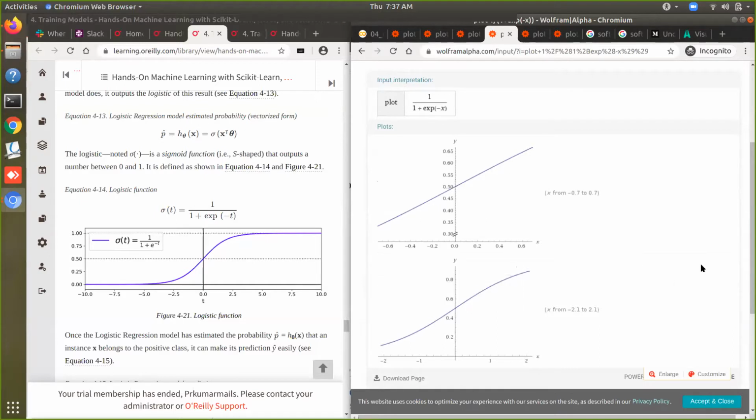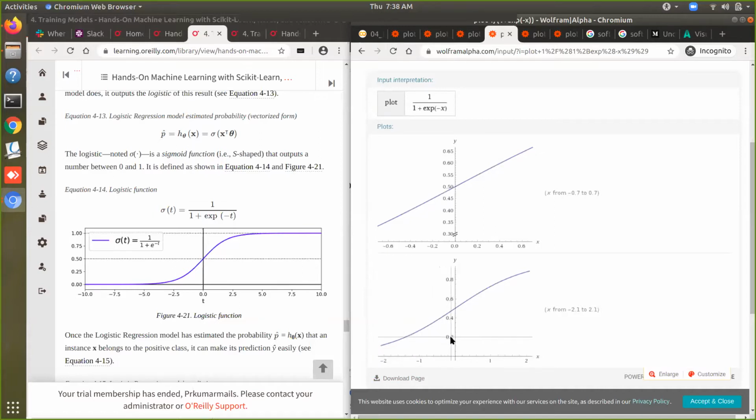It never touches it because it is an asymptote. In the negative end, as t approaches negative infinity, it approaches 0, another asymptote, touching 0 but never touching. So it will squeeze the input into the range 0 to 1.